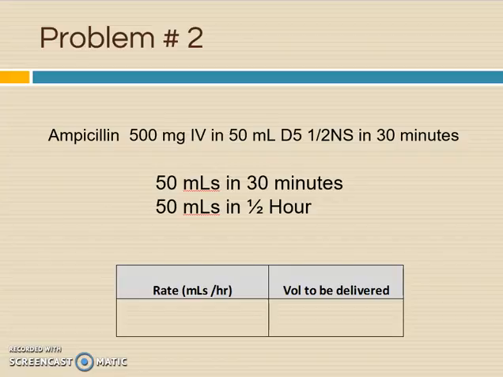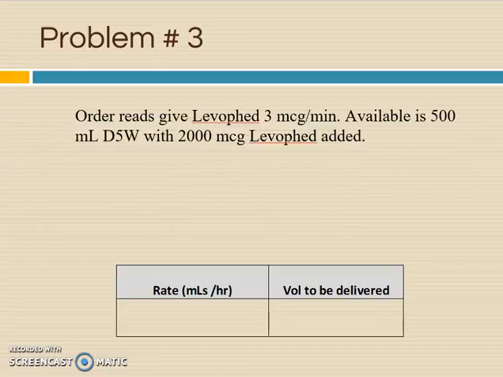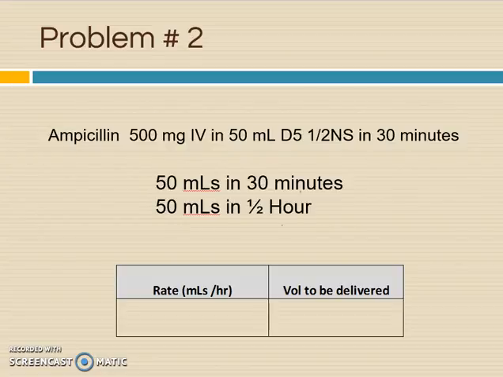So if we have 50 mils in 30 minutes, in half an hour, then what are we going to set the pump for the full hour? The answer is we have to set it twice as fast so it delivers the whole 50 mils in 30 minutes. So the rate ends up being 100, and the volume to be delivered is 50.